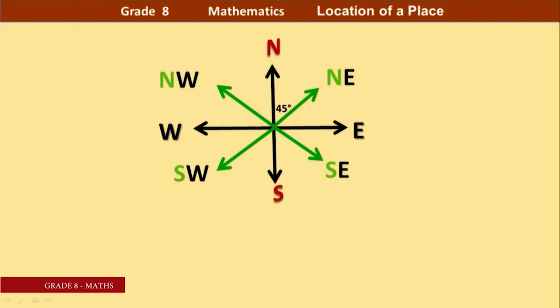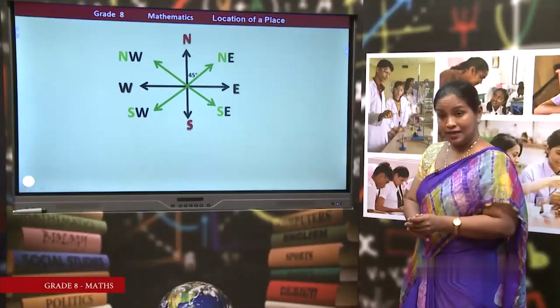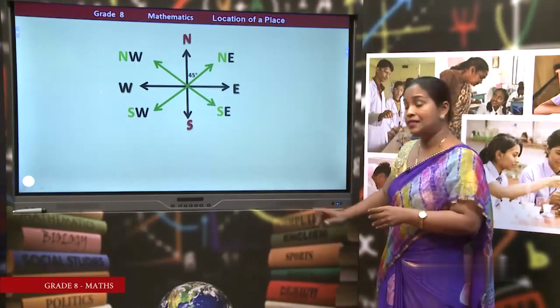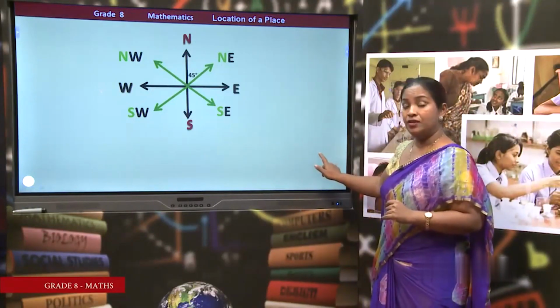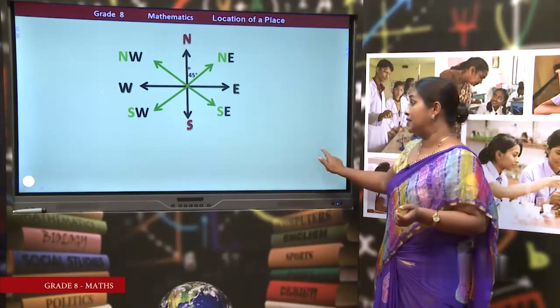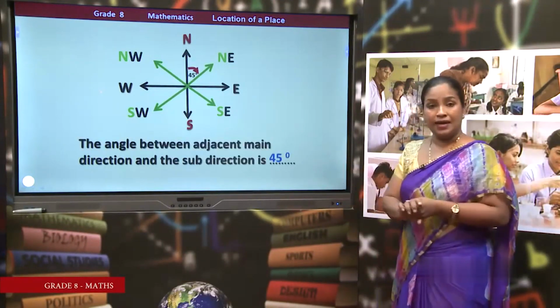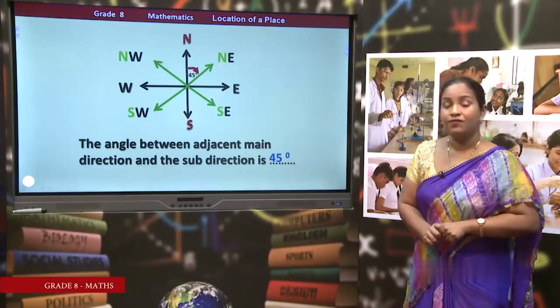So, a sub direction is exactly at the middle of adjacent main directions. So, it should be half of the angle as earlier. It was 90 degrees between adjacent main directions. So, it's half of that, it is 45 degrees. You should remember these things, very important here. So, the angle here is 45 degrees.